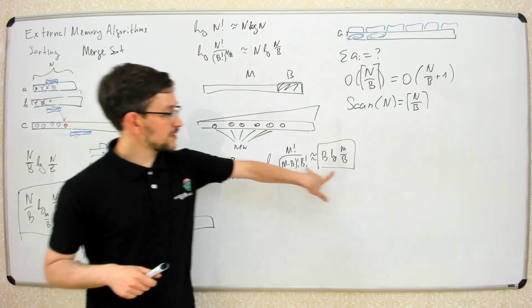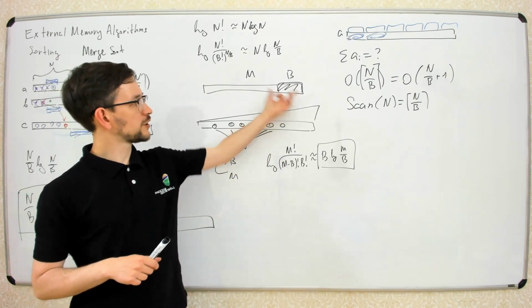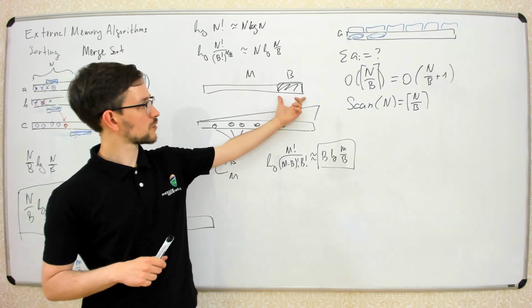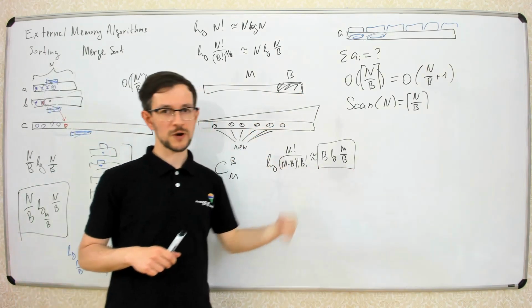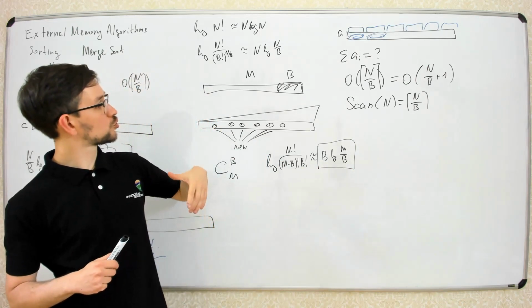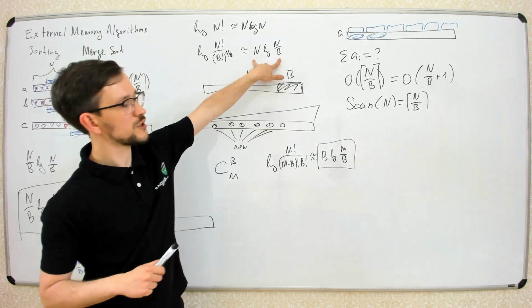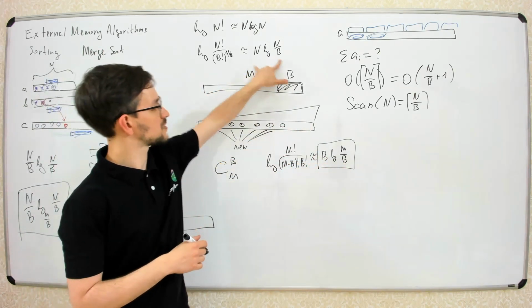So this is the amount of information you get when you read a new block from your disk. When you read a block from your disk, you compare all elements with all these elements, and this is the amount of information you get. We need to get this total amount of information, and each read gives us this amount. So to calculate the number of reads, we just divide this by this.